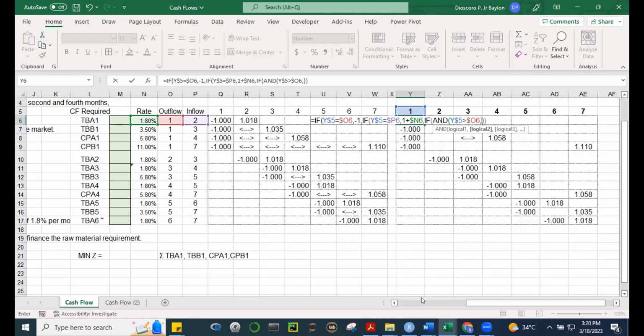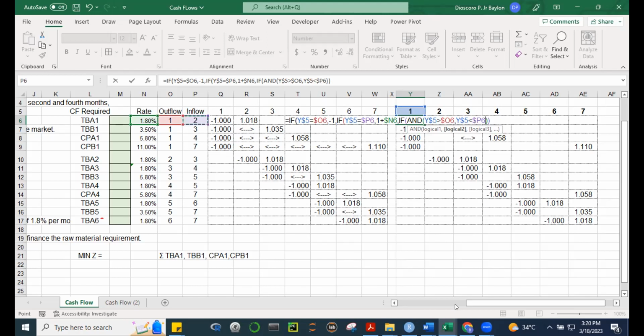And the other one is comma, if Y5, fix the row, is less than the inflow, fix the column. All right, so we have that condition, if and, right?